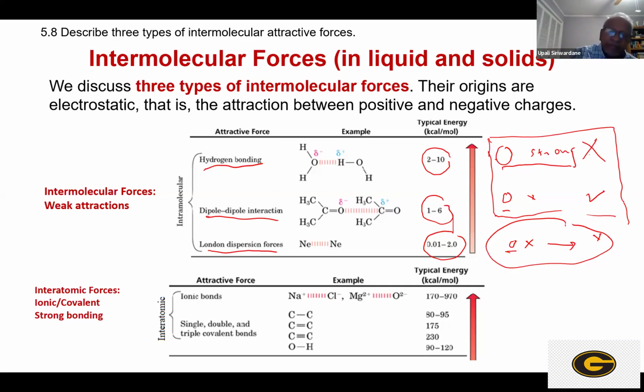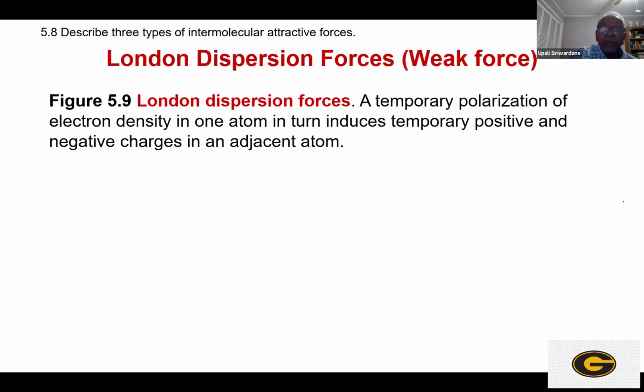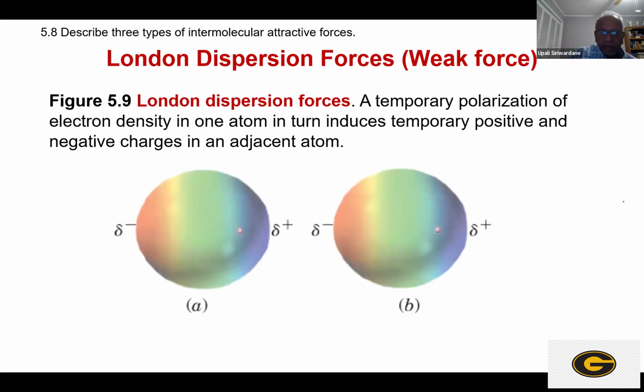I'm going to explain this a little bit more. London dispersion is weak. It's created by interaction between two non-polar molecules by fluctuating charges. These are temporary positive and negative charges.